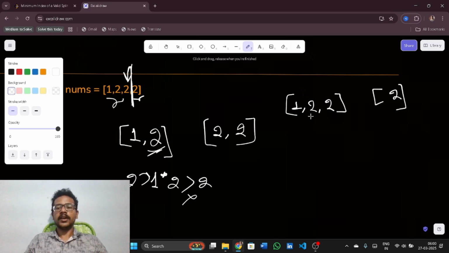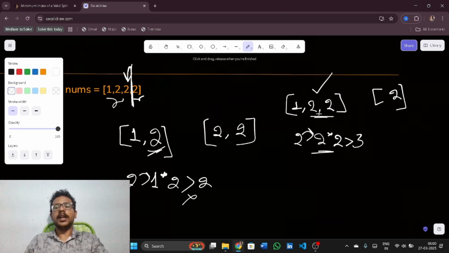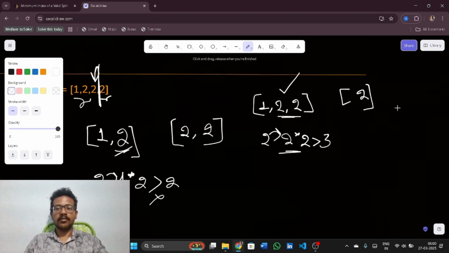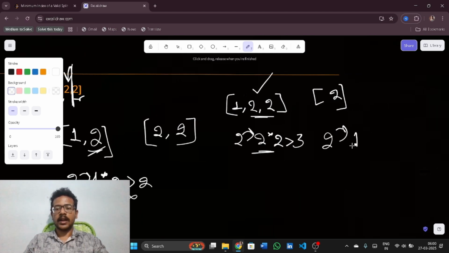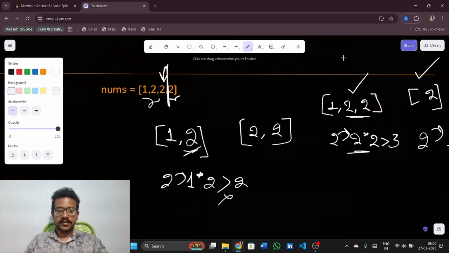So if you see, 2 is occurring for 2 times, and 2 into 2 is greater than the size of the array. So this is a valid subarray with dominant element 2. Let me see what the dominant element is here. Here it is 2. So 2 is occurring for 1 time and 1 into 2 is greater than 1. So this is our valid split.